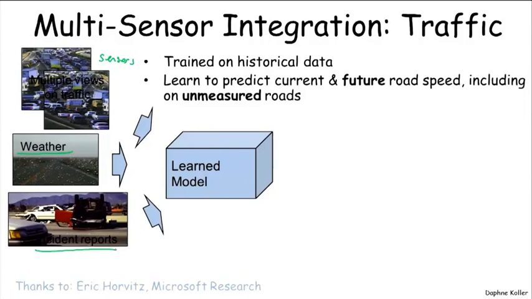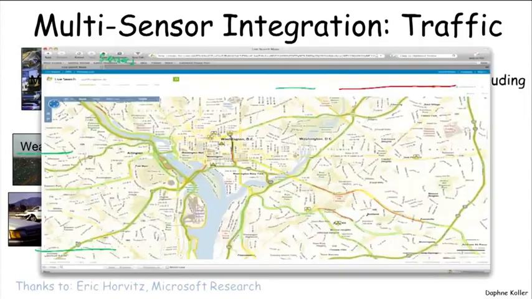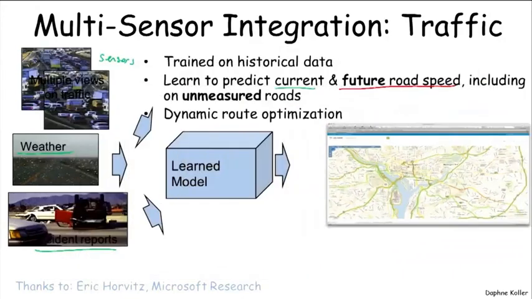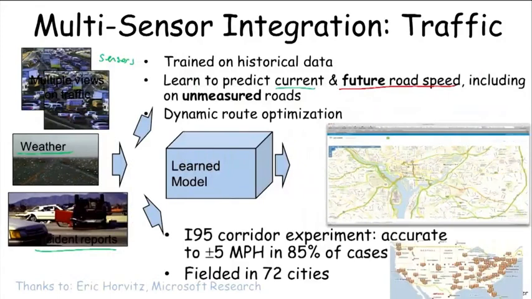And that model is then used to predict both current and future road speed, including not only on roads where we have sensors that measure traffic, but even more interestingly, on roads where traffic wasn't measured.